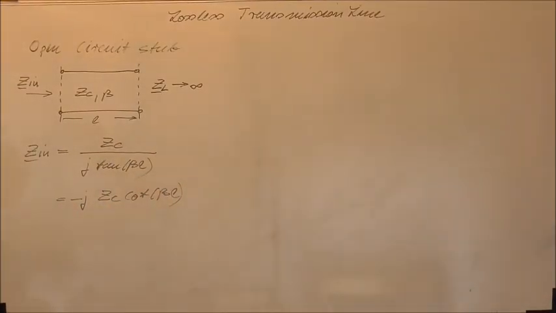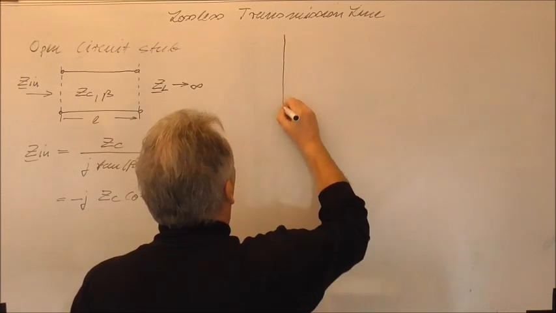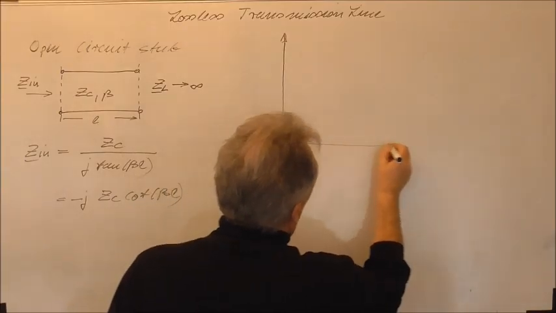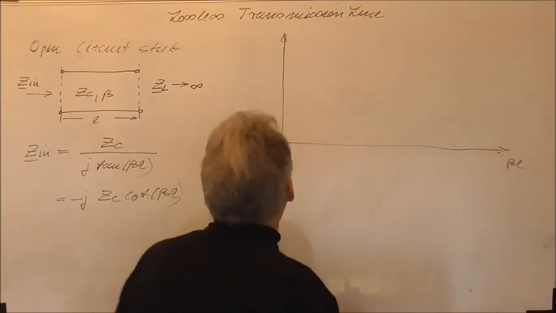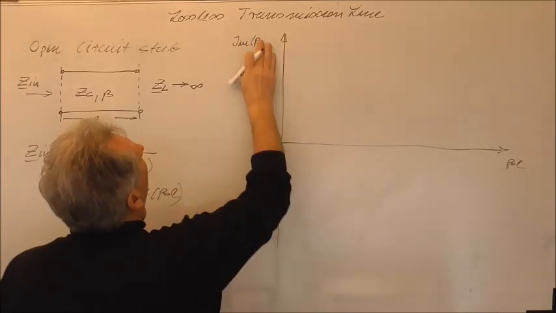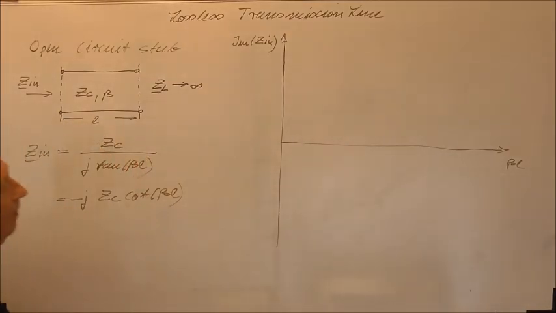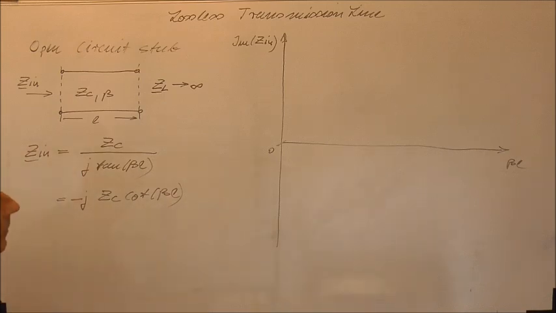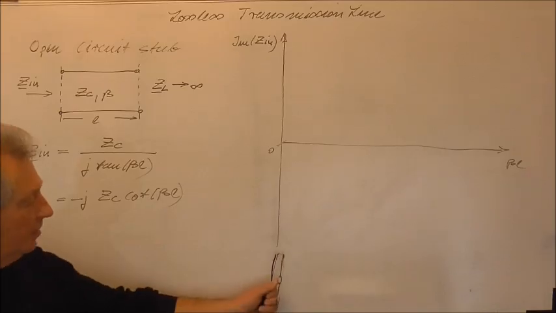And now I also want to sketch the imaginary part of the input impedance over the angle. So again I assume here to have beta times L, and here we will have the imaginary part of the input impedance Z_in, and of course also the cotangent function itself is a periodic function, but for beta L equal to 0 it tends to infinity.